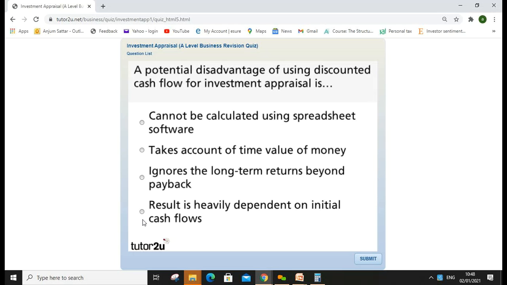That can't be a disadvantage, that can be an advantage. Ignores long-term return. No, return heavily depends upon the initial cash flow. What do you think? A, B, C, or D? If your initial outflow is more, it will affect your NPV. What do you think? A, B, C, or D now?